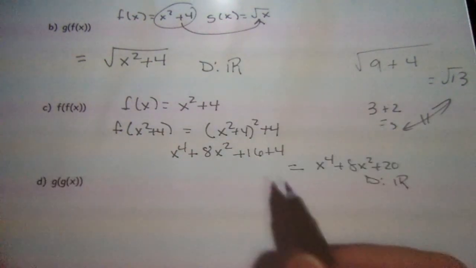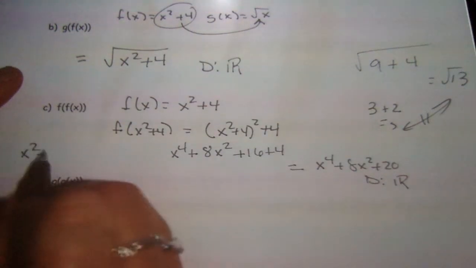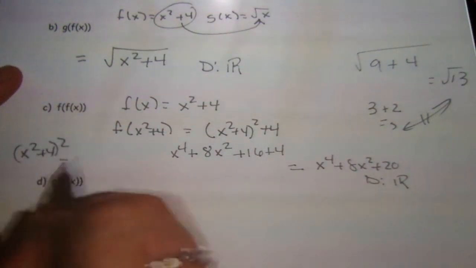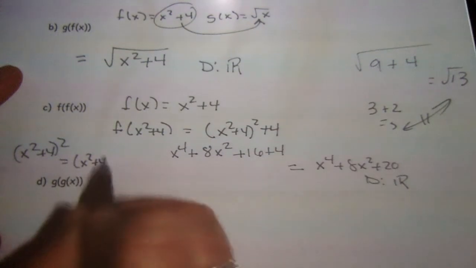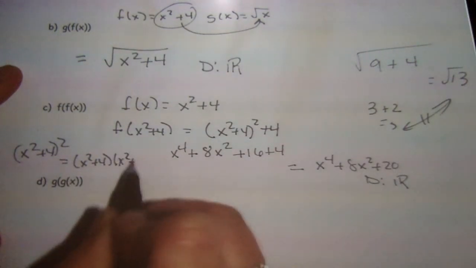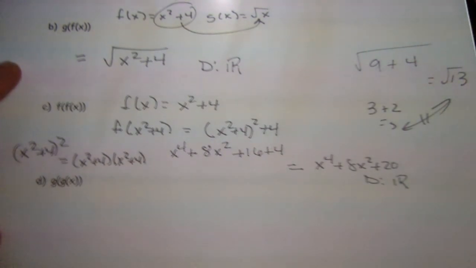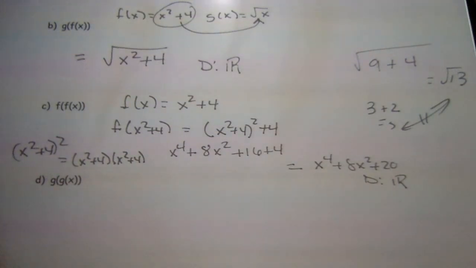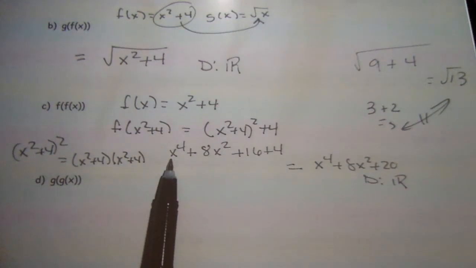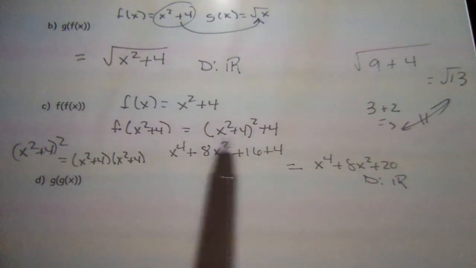Remember, x squared plus 4 squared means x squared plus 4 times x squared plus 4. And there's that shortcut that says I square the first. Middle term are these two multiplied together and doubled.